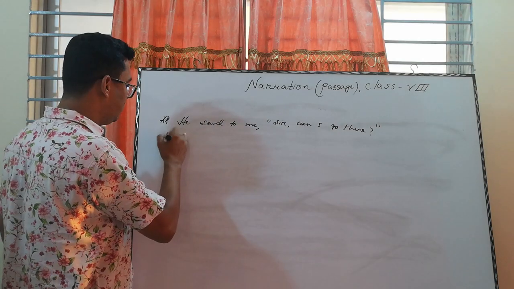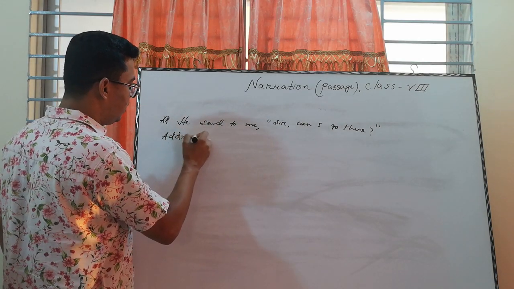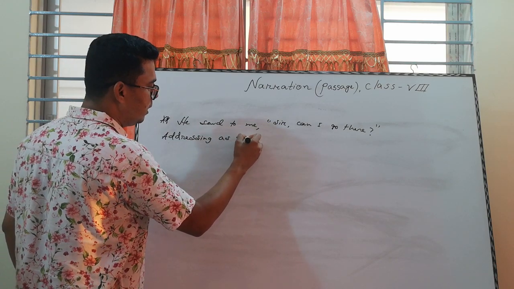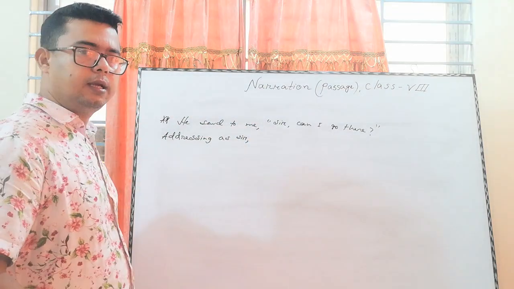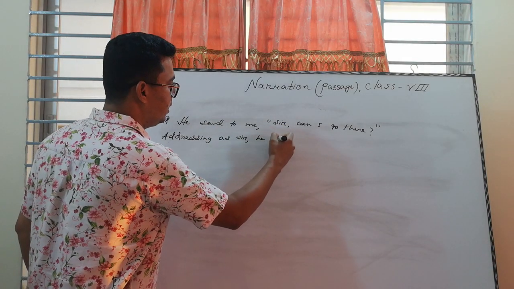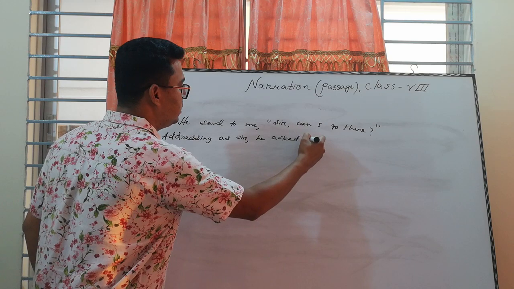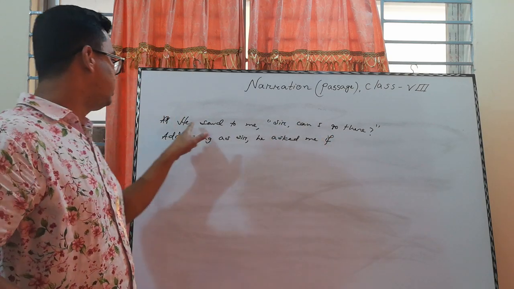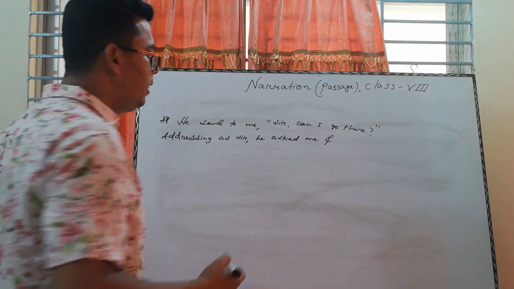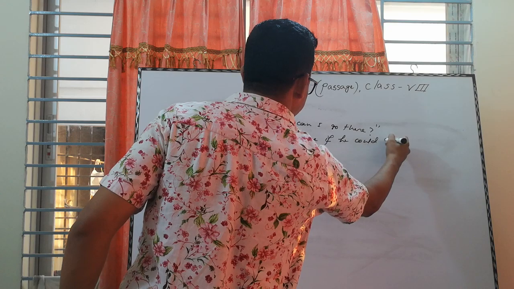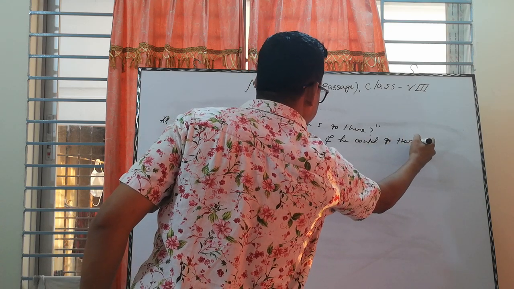Addressing as sir. He asked me. Conjunction is if. I convert it to he, then it should be he. Can should be could. He could go there.